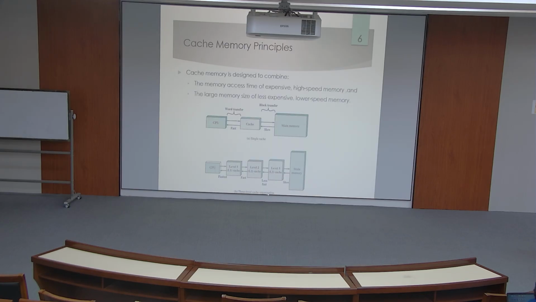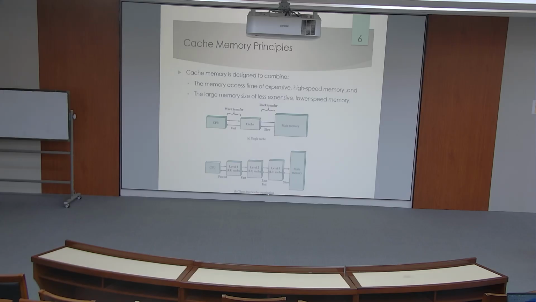Now, why the cache memory? The cache memory is designed to combine the memory access time of the most expensive and high-speed memory system, and also the large memory size of the less expensive and lower speed memory. The picture on the screen depicts a single cache memory in between the central processing unit and the main memory.